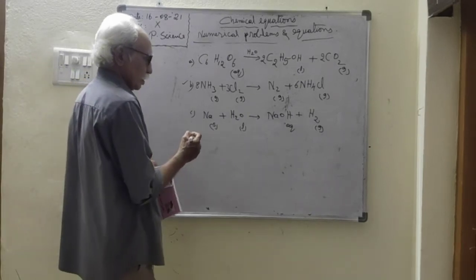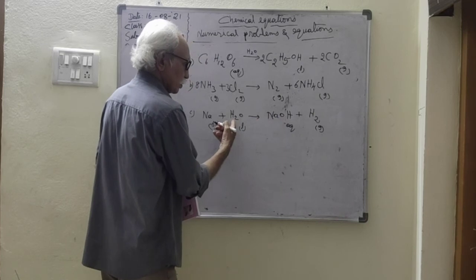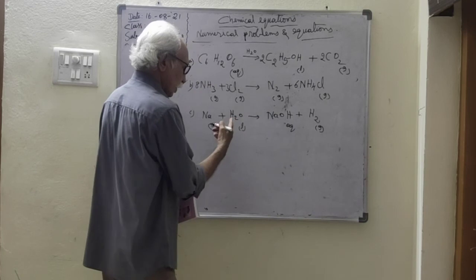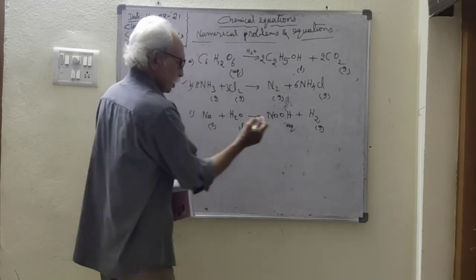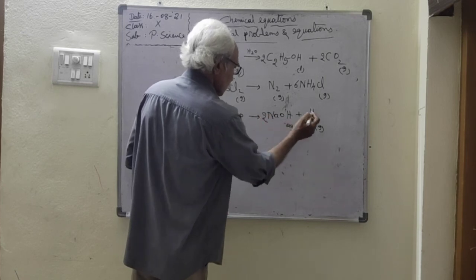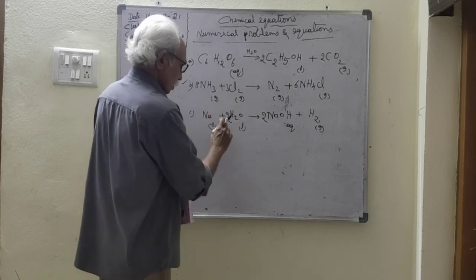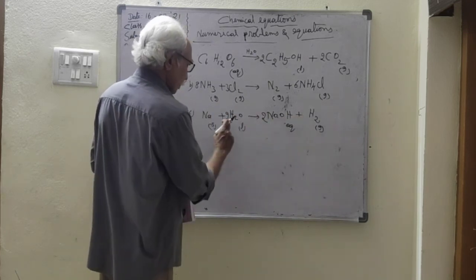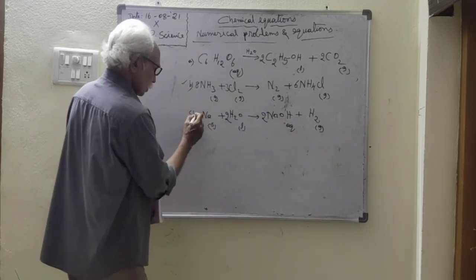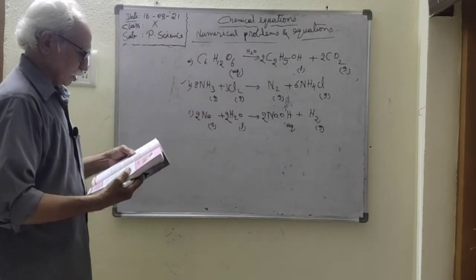Now in this equation, hydrogen is not equal: here hydrogen is 3, here 2, not balanced. Oxygen is 1, here oxygen is 1, balanced. Sodium 1, sodium is balanced. So first you make the hydrogen balanced. Here is an odd number 1, make it into an even number. 2 plus 2 is 4, so here you multiply with 2. Now 2 twos are 4, hydrogen 4, oxygen 2, here oxygen is 2. Now sodium, multiply by 2, so that is also balanced. So this is how we balance the equation.